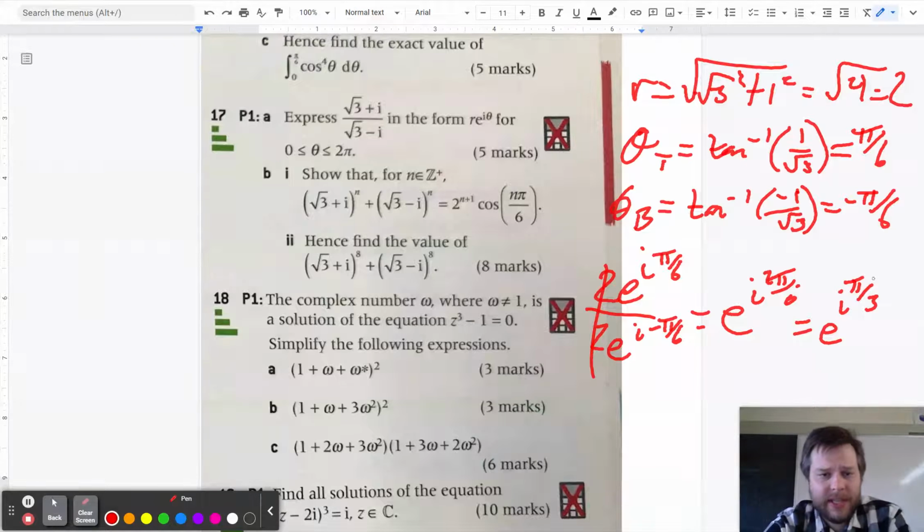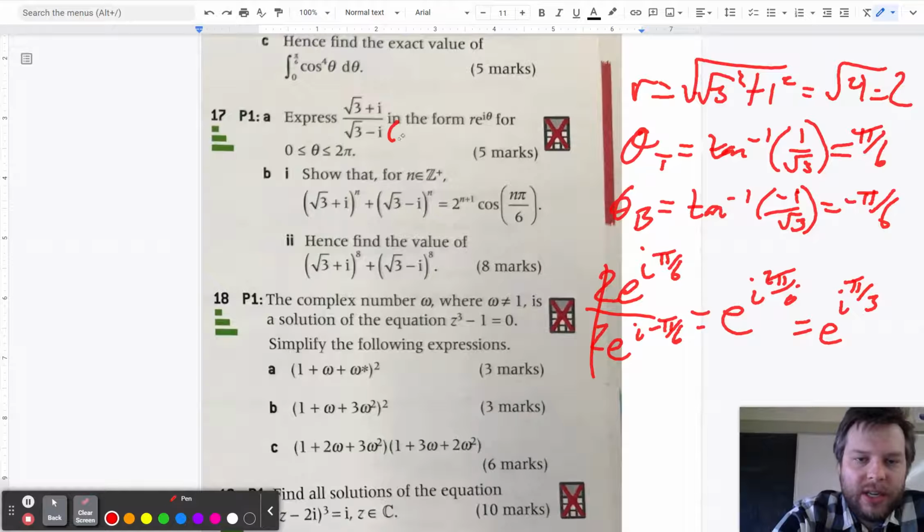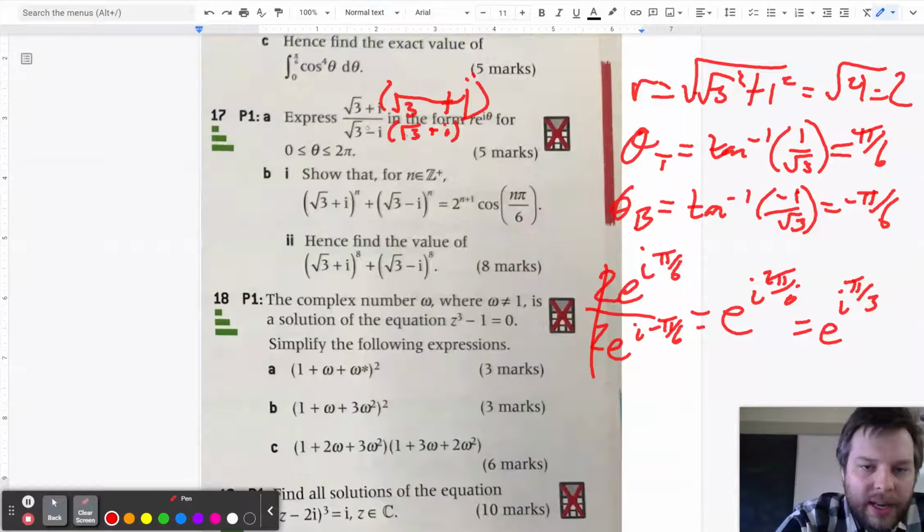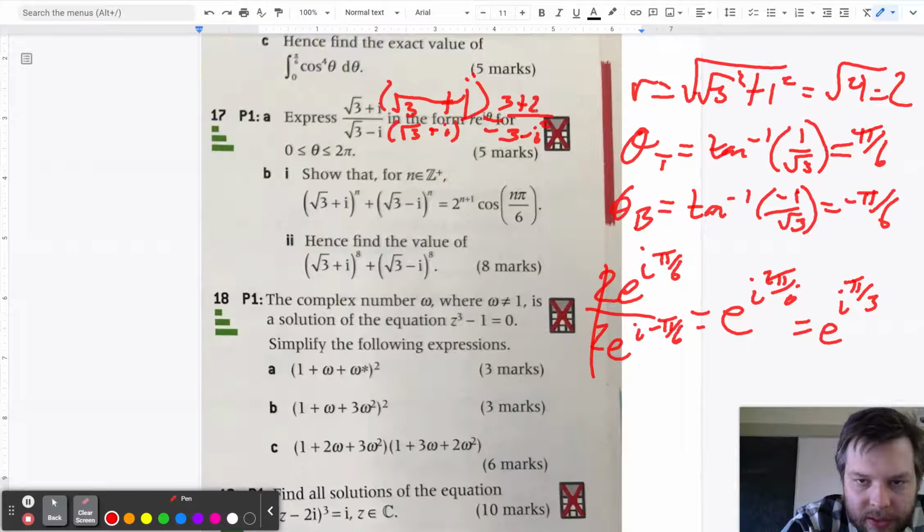Just, I guess, because I got the time, I can show you what the conjugate would look like, where you go root 3 plus i, root 3 plus i, and when you multiply that out on the bottom of the fraction, you get 3 minus i squared. And on the top, you get 3 plus 2 root 3 i plus i squared.